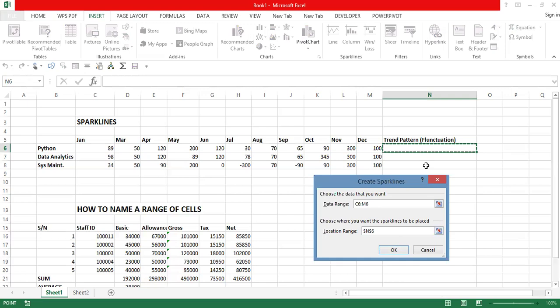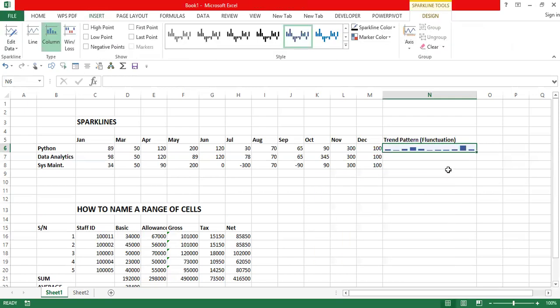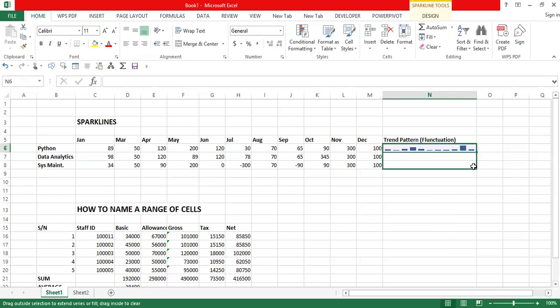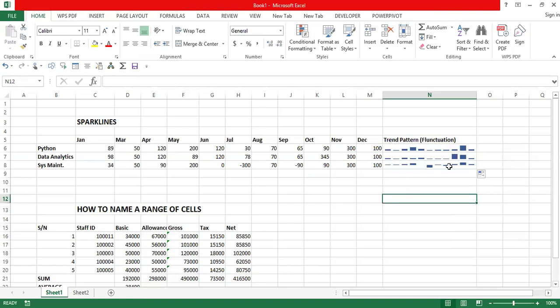What if it were not selected? You just click on it and select it. And you can also copy it the usual way.